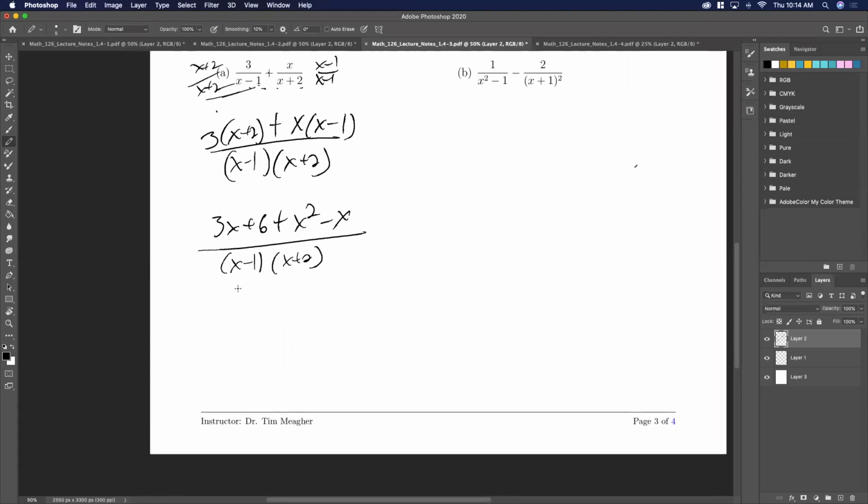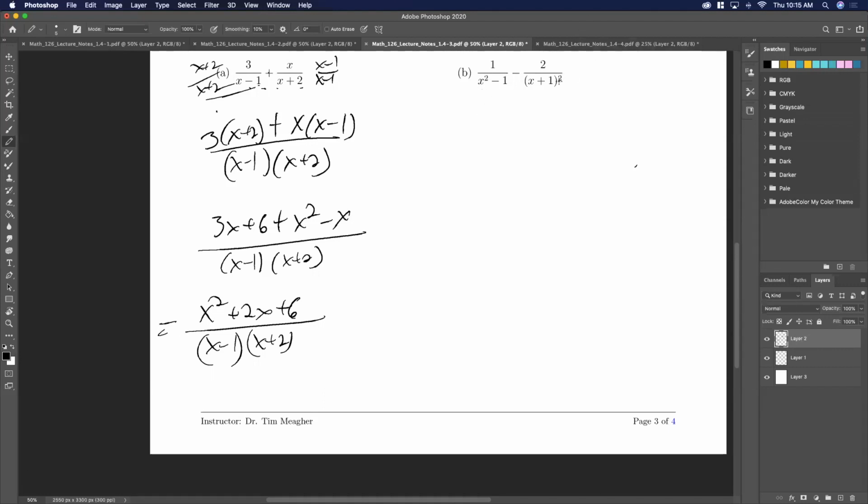All right, so that gives me x squared plus 2x plus 6 all over x minus 1, x plus 2. And I don't think I can factor that anymore. No. So this is as close as you can get it.